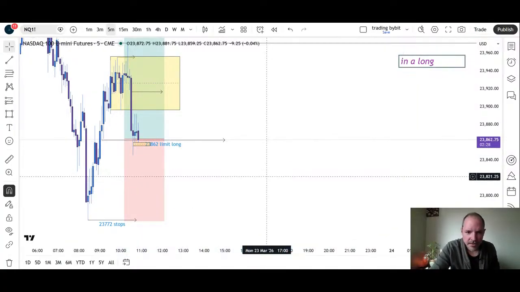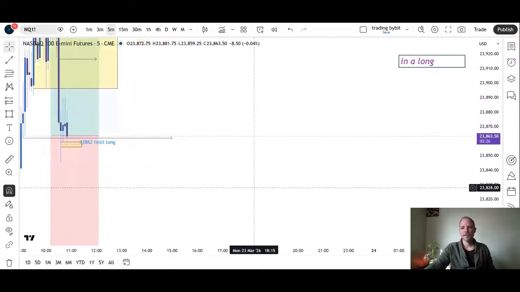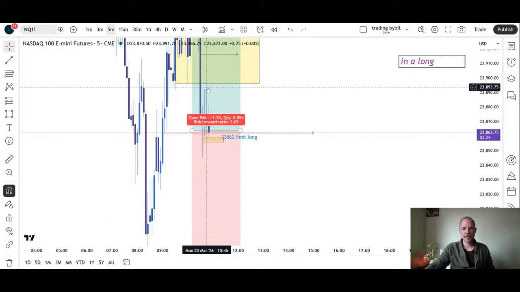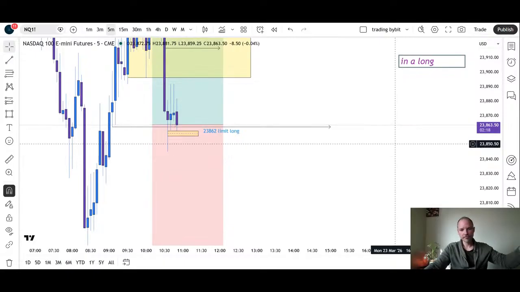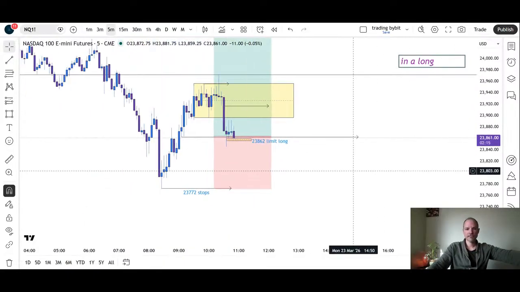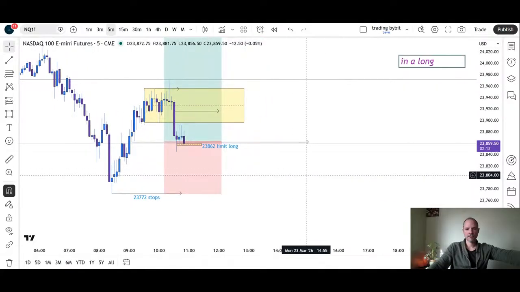So now we will have that tap. And in the next 2 minutes, I want to see this candle go all the way back up. So here's that 1 minute tap that we got.